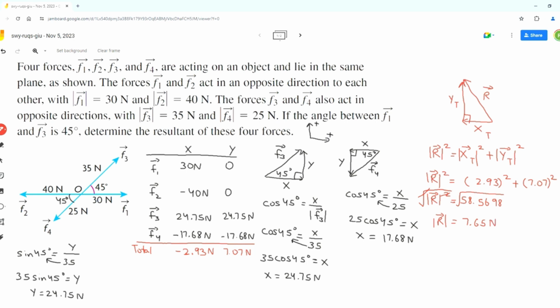Now we have to find the direction of this resultant. So for that we'll have to find the measure of this angle theta. And we can use the tan ratio. The formula for tan is opposite over adjacent. So the magnitude of the y component over the magnitude of the x component.